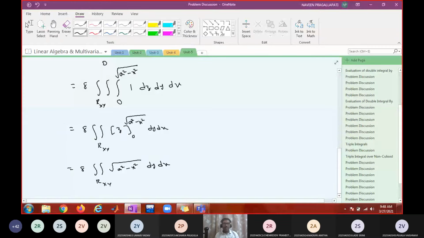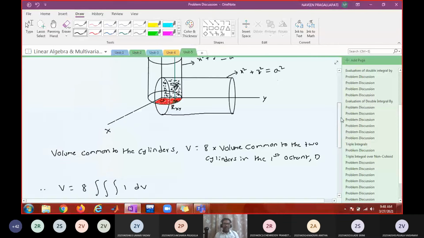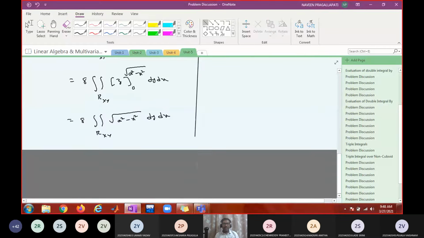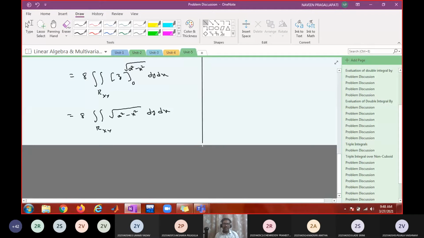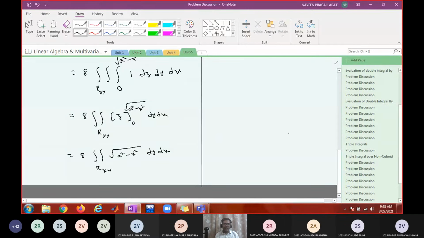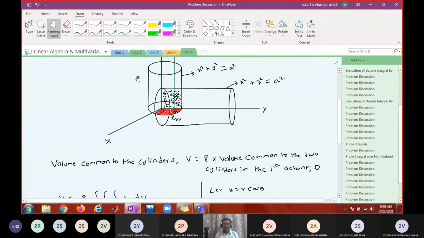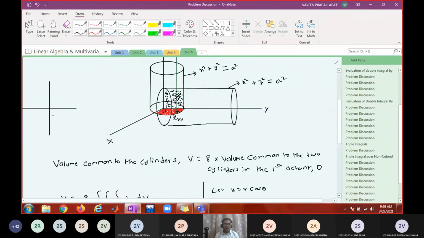Lower limit is 0. Later what we can do, because the boundary of this projection is a circular arc, I can convert this into polar coordinates. So how can I write this? Let x equal to r cos theta. You can see one of the boundaries is a circle, so it is 1/4 of the circular area, only this part.